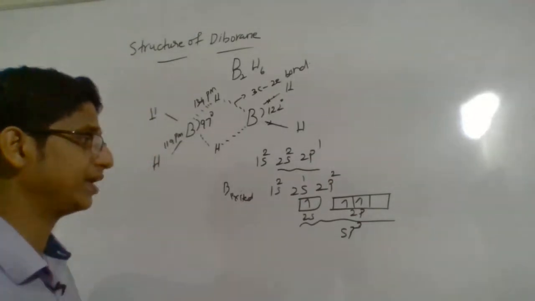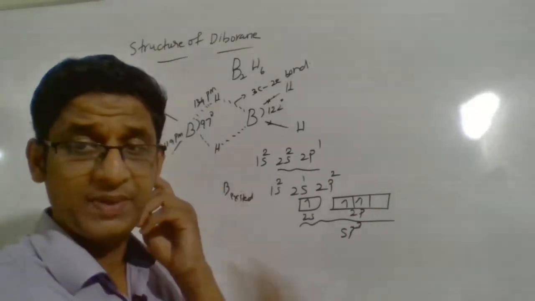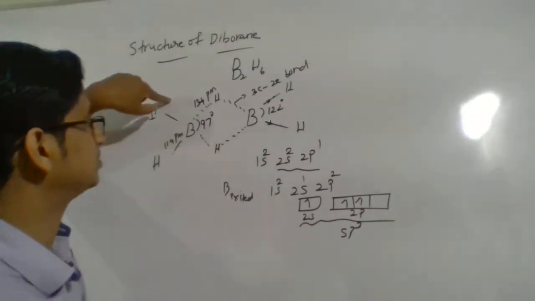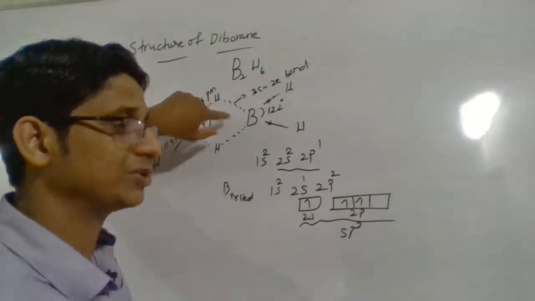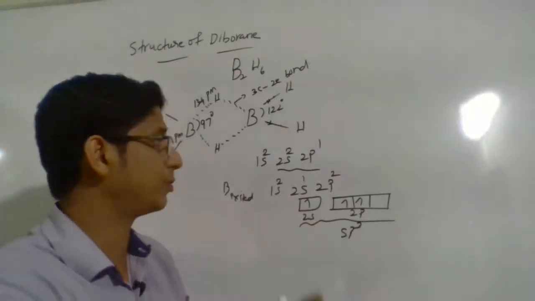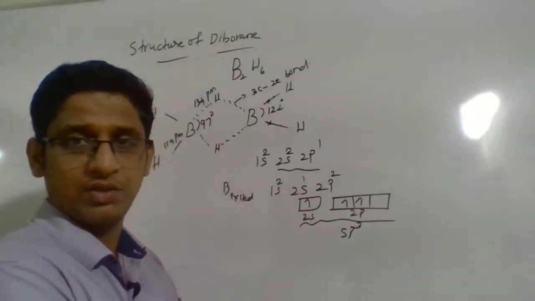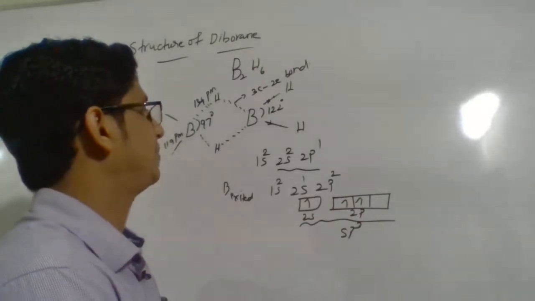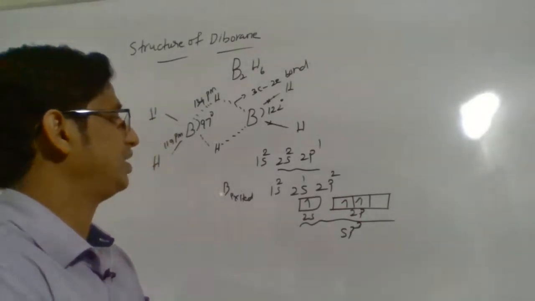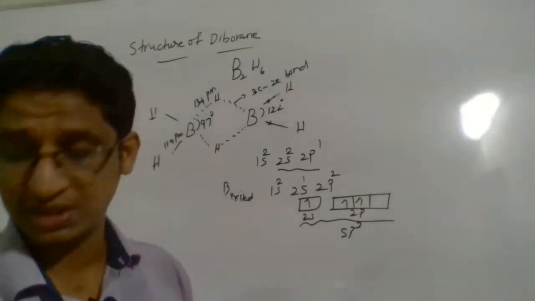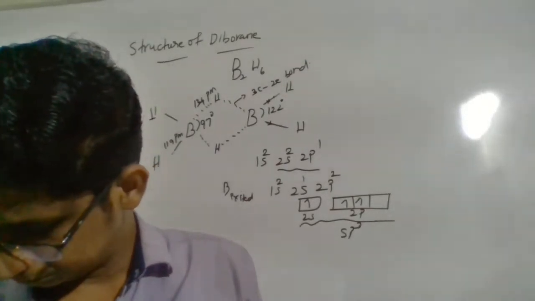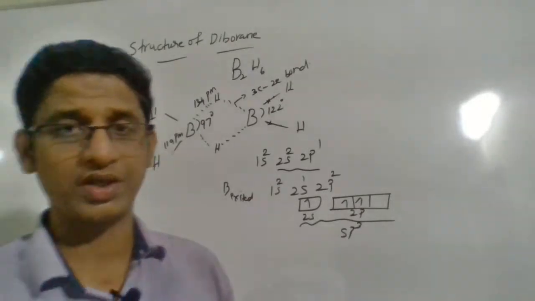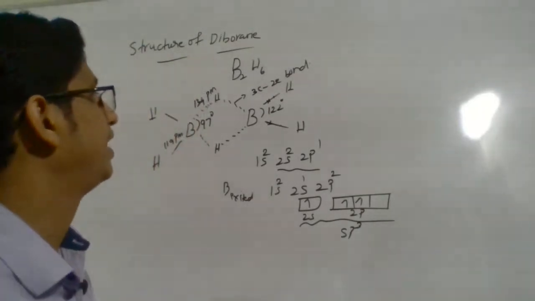So sp3 hybridization means 4 hybrid orbitals. Two hybrid orbitals are used here, two are used here. The speciality is that one hybrid orbital does not have an electron, while the other 3 hybrid orbitals have an electron. In diborane, each boron atom undergoes sp3 hybridization. So this is what you can understand about the structure of diborane.